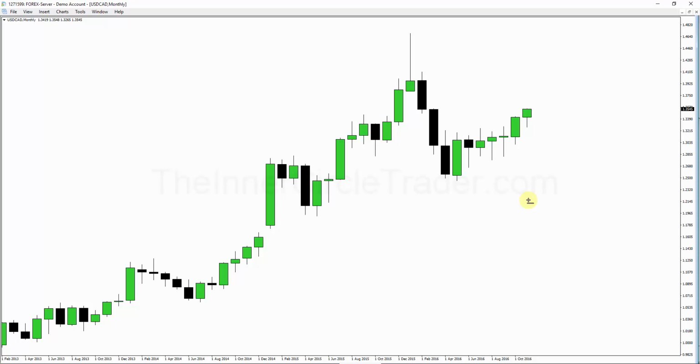The idea of seeing big ranges on a monthly chart is going to be a result of enormous amounts of buying or selling interest by the smart money. Again, retail can't move price, so if we can see where they're most likely going to place orders to buy or sell, and we can see it on the monthly chart, we stand to make a great deal of pips, and we don't have to trade a whole lot to do it.